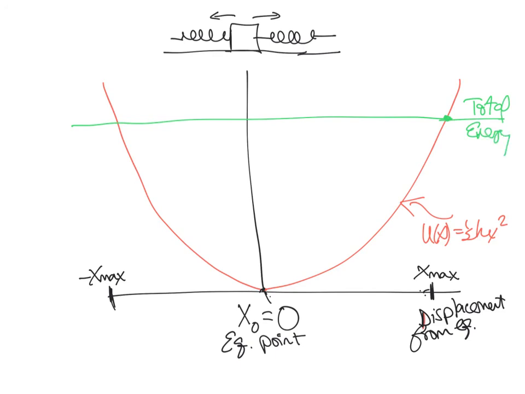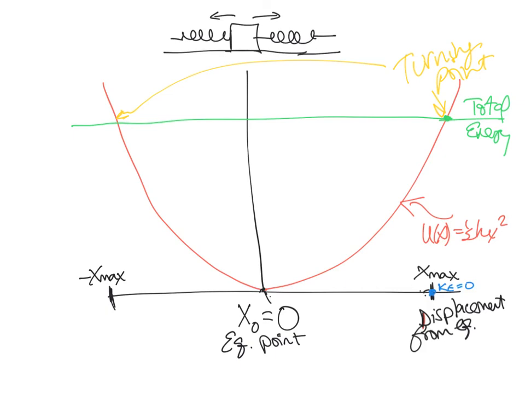A turning point is where the kinetic energy is 0. Think about any turning point that you think of. Turning point means kinetic energy is 0. So I'm going to write that this is a turning point. They very often ask about turning points. This is also a turning point, of course. That's where the kinetic energy is 0.